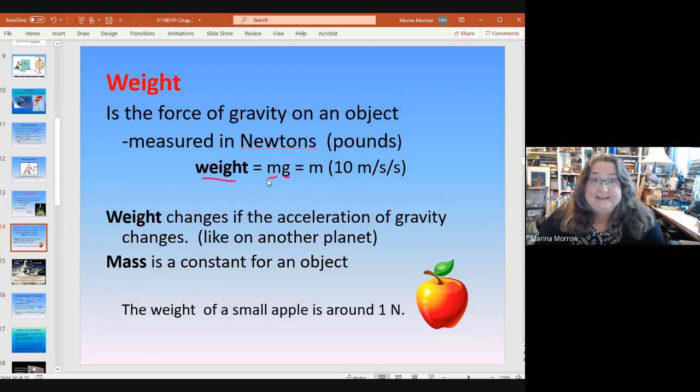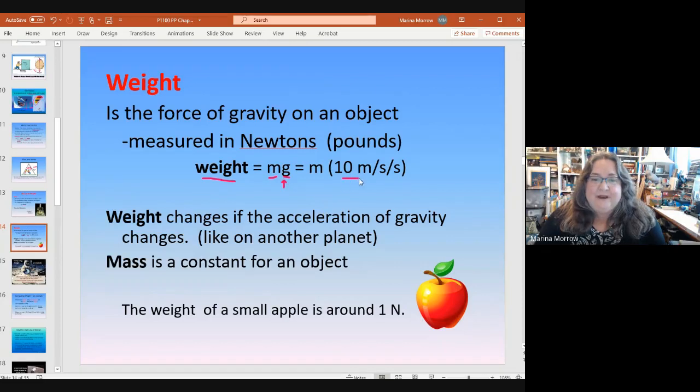Mass is the same everywhere on Earth, but weight isn't, because that g could change. Are you in Denver? Are you in South Carolina? That would be a slightly different weight, but mass would still be the same.